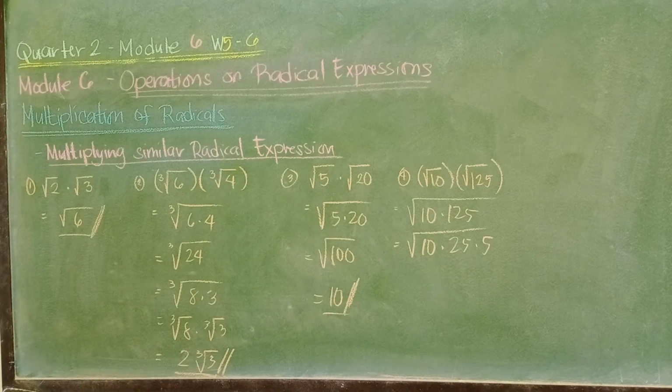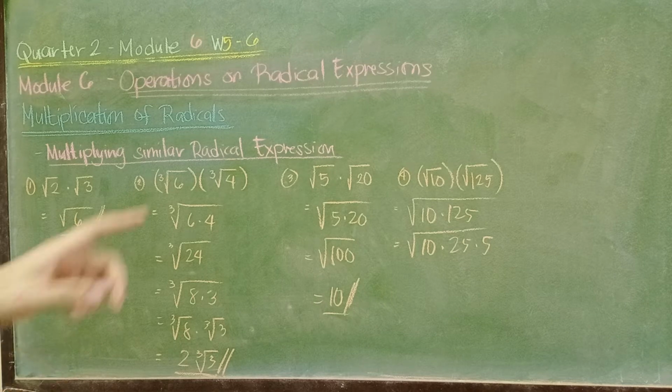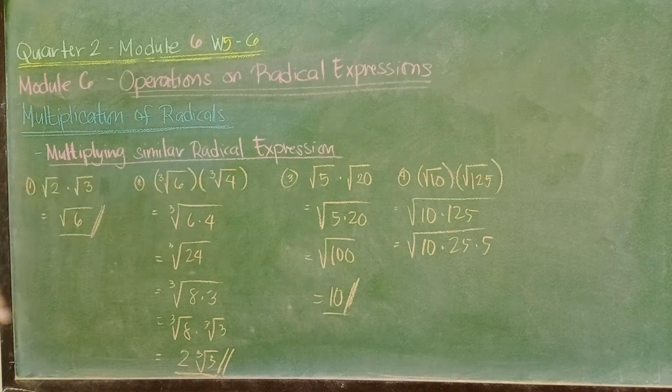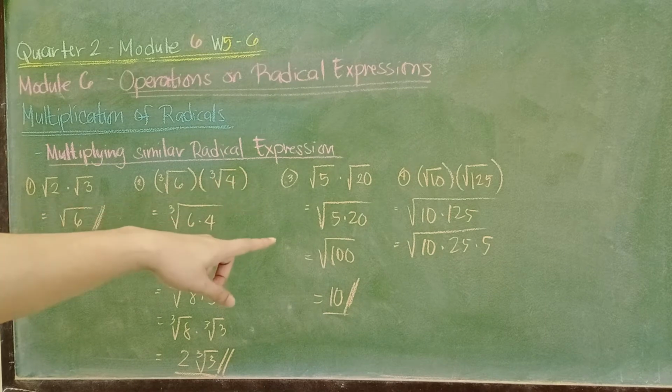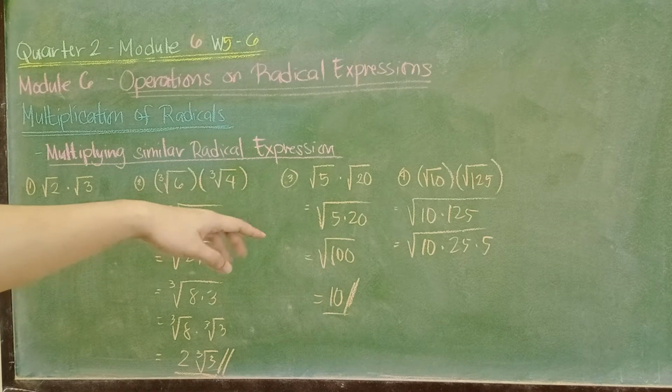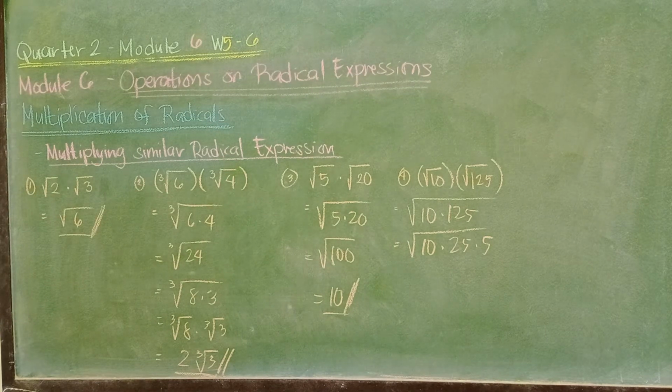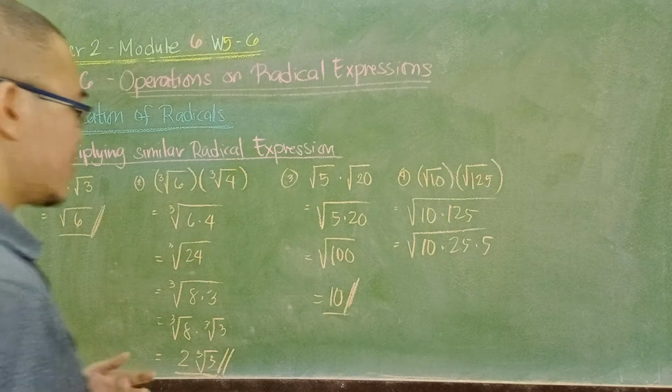Hindi mo na kasi pwedeng i-factor yung 10. Ano ba factor ng 10? 5 and 2 lang. So, walang perfect square doon, so di mo na masisimplify. So, much better na i-simplify yung mas malaking number kasi yung mas malaking number meron siyang factor na 25, which is a perfect square. So yung 25 na yun, pwede natin isulat na ganito.